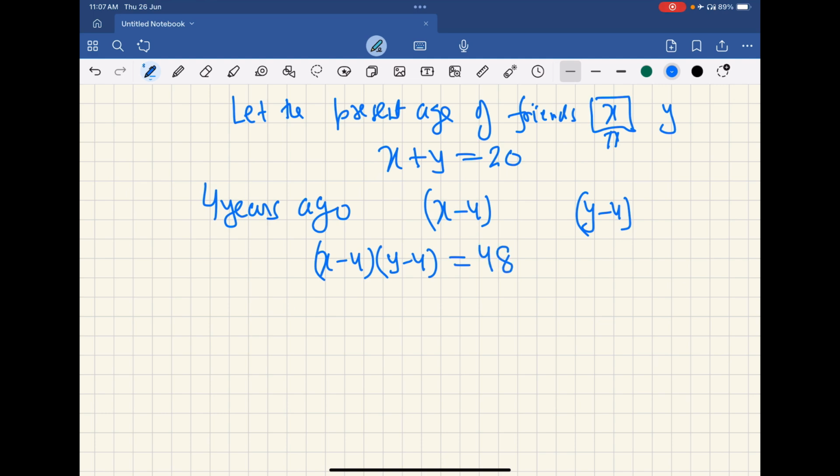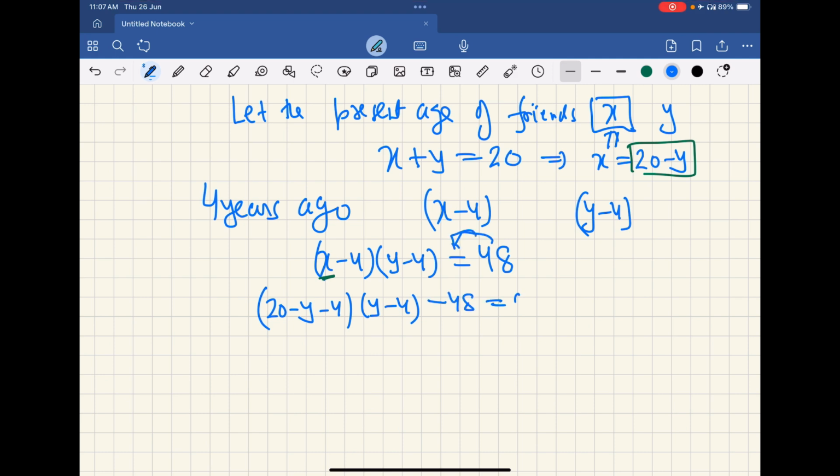अब हमको quadratic equation बनानी है. So from the first equation we can say x equals 20 minus y, or you could have said y equals 20 minus x, means the same. Now this value of x we will put here. So substituting this value, we are going to say this is 20 minus y minus 4 times y minus 4, and 48 comes to this side, becomes minus 48.